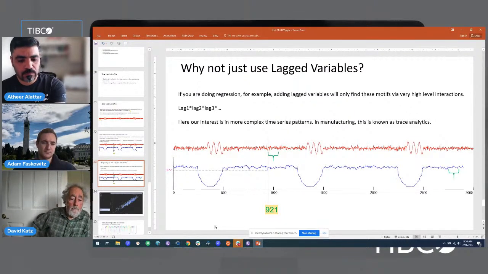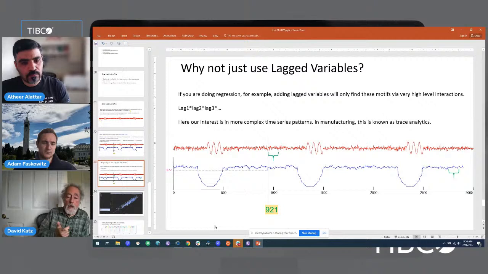It's because it's been developed to use a lot of tricks. As you slide the window to look at different subsequences, you can compute the correlations in an incremental way. In R, the package is called TSMP.